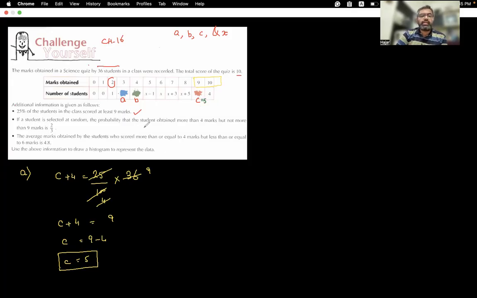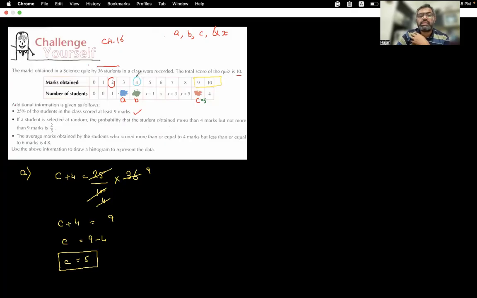In the next part, Part B: if a student is selected at random, the probability that the student obtains more than 4 marks, but not more than 9 marks, is 2 by 3. When we say more than 4 marks, it means 4 is not included.